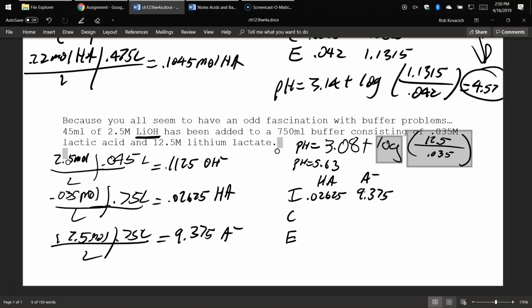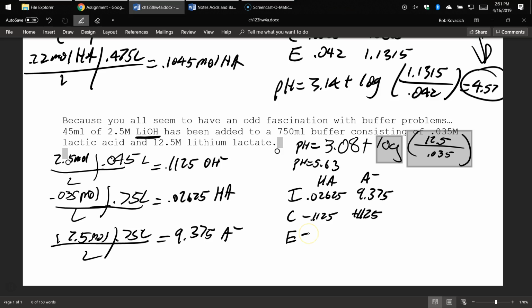So what am I going to do with it? I'm going to end up subtracting off 0.1125, and then this is add 0.1125, and then this ends up being 0.1125 minus 0.02625.